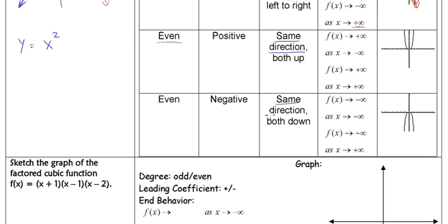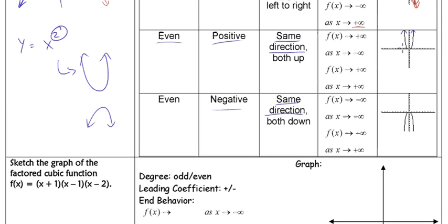Our end behavior, both the left and right side, where x is approaching negative infinity or positive infinity, both sides do the same thing, like with a parabola, either both sides head up or both sides head down. They're always going to go the same direction when it's an even degree. What changes whether it's heading up or down is whether the coefficient is positive or negative. So if it's positive, they're both going to open upward.